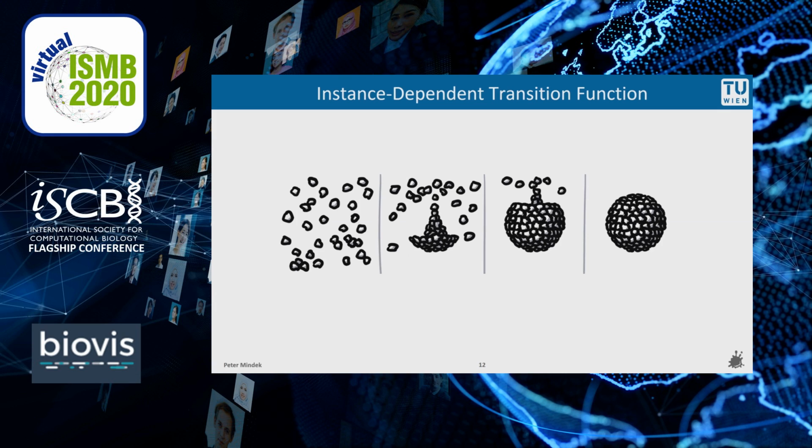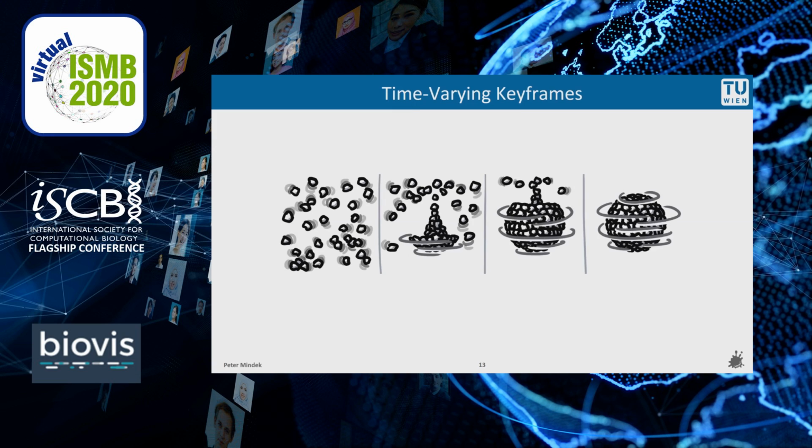To model such behavior, we introduce another concept, instance-dependent transition function. This mechanism allows us to procedurally define a spatial curve along which the molecules will move while interpolating between the keyframes. These curves are parameterized by the instance ID, and therefore they can vary between individual molecular instances.